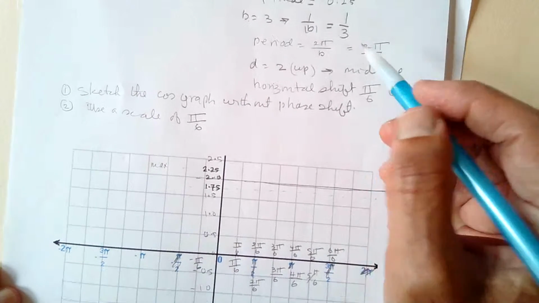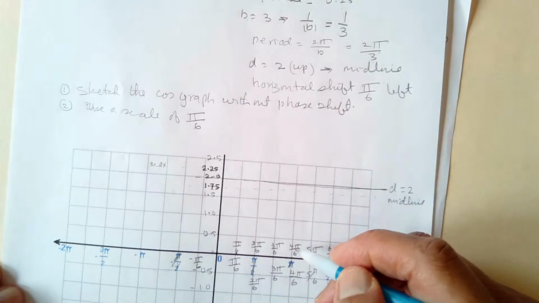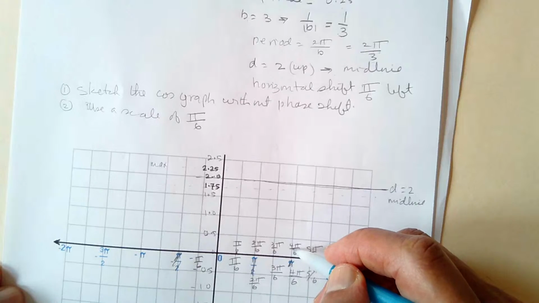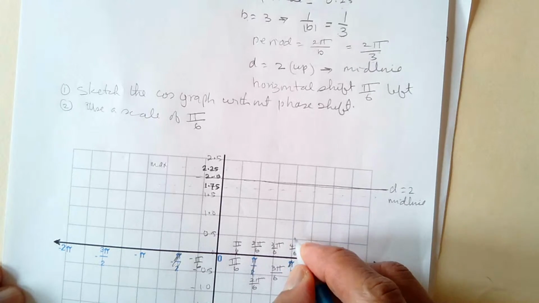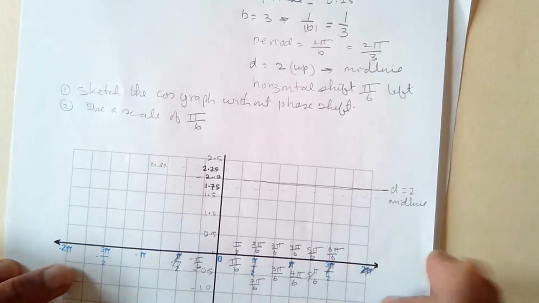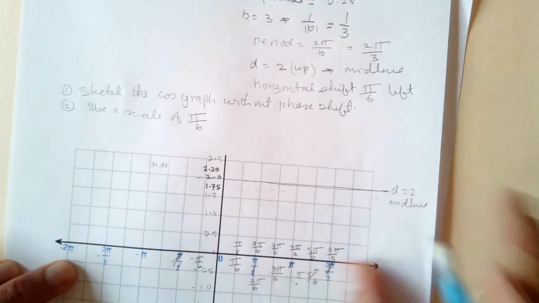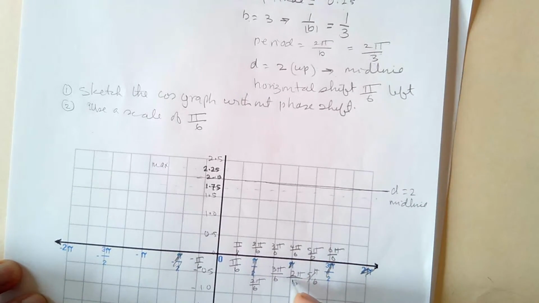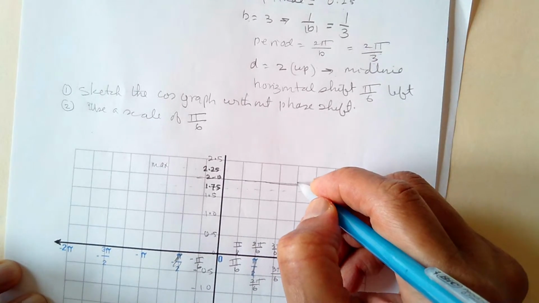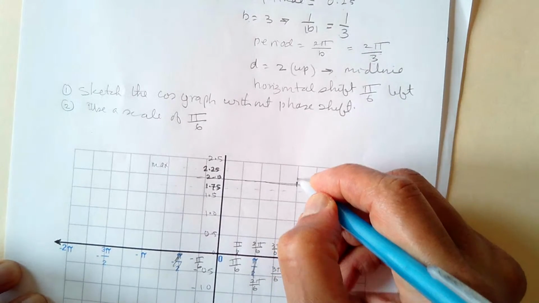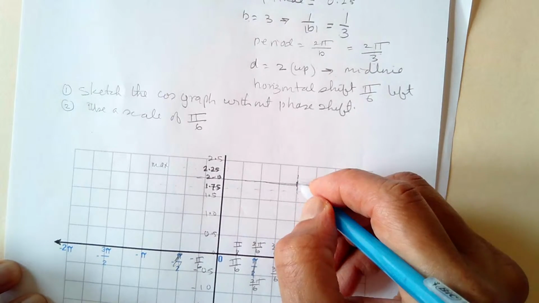Now, the period is 2 pi over 3, which is this guy here. So we can put 2 pi over 3 here, which is 2 pi. So this is the end of the period of a regular sine graph, right? So 2 pi over 3.